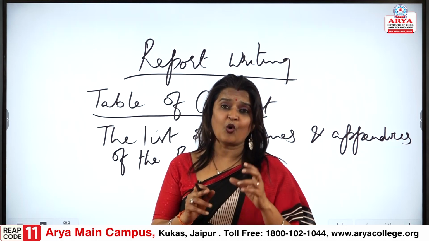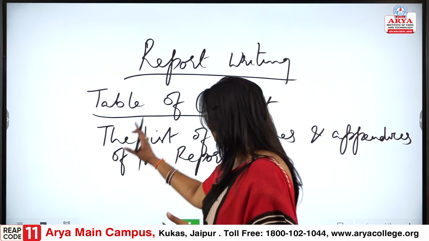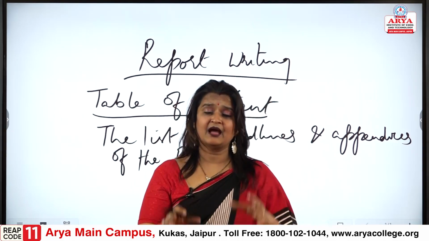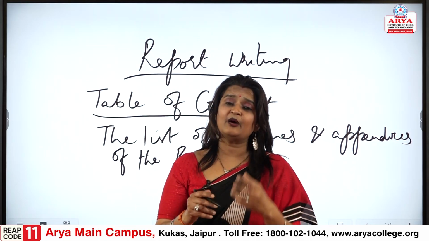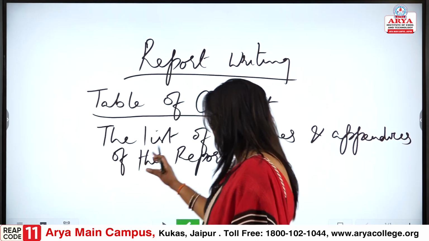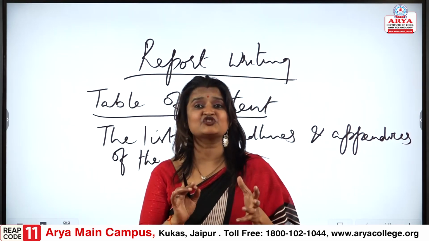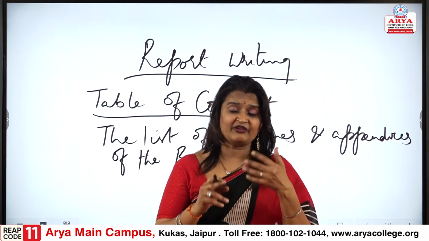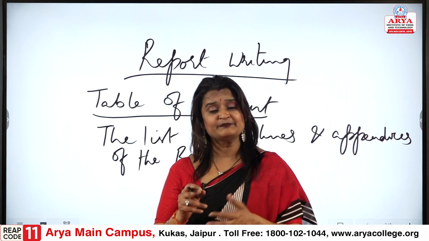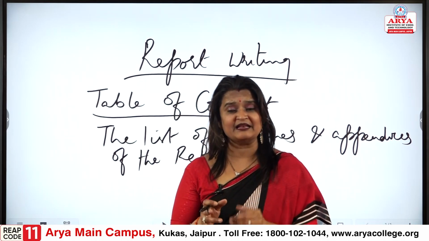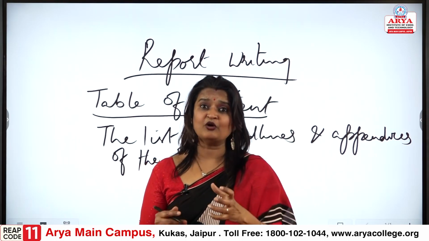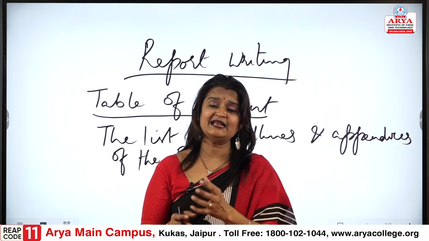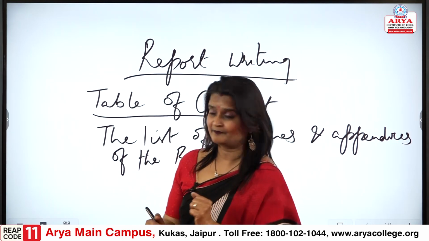Because it shows what is going to come in the body part and what we are going to write about. Naturally, we will have the list of headlines, and we proceed step by step in a proper, uniform manner so that our report is well understood and well accepted.